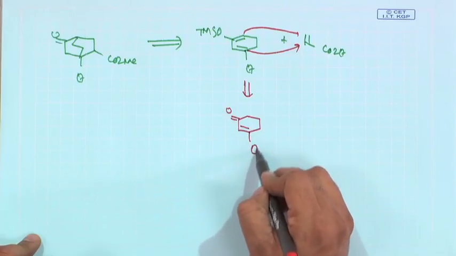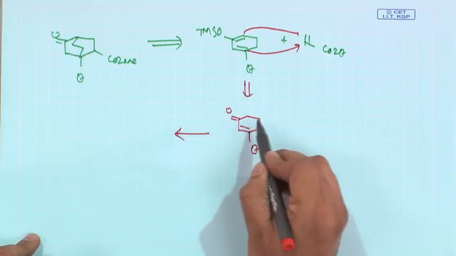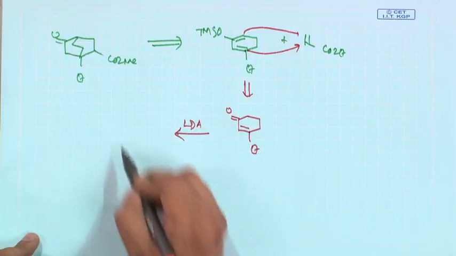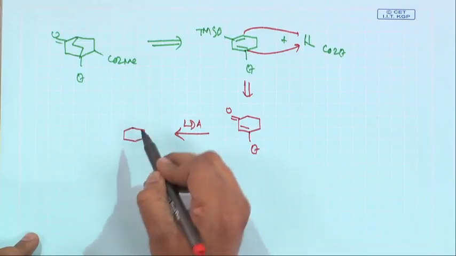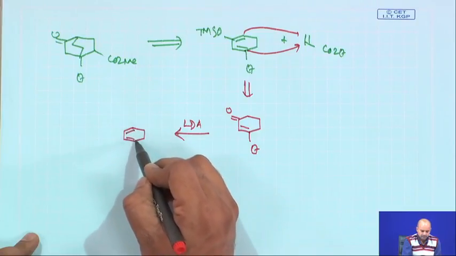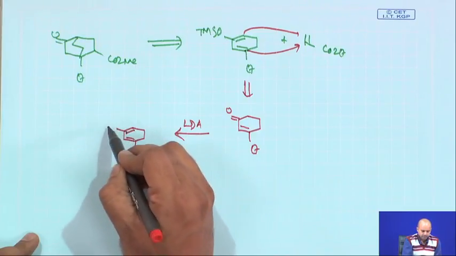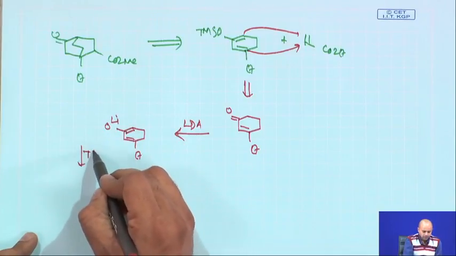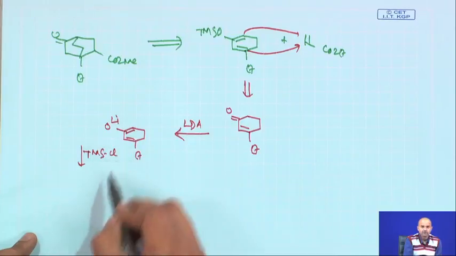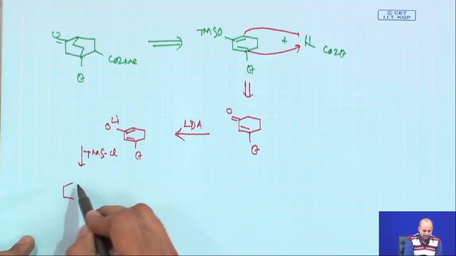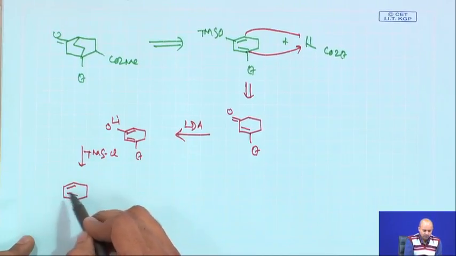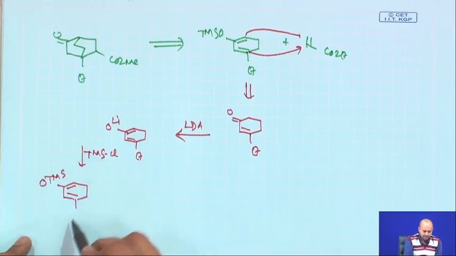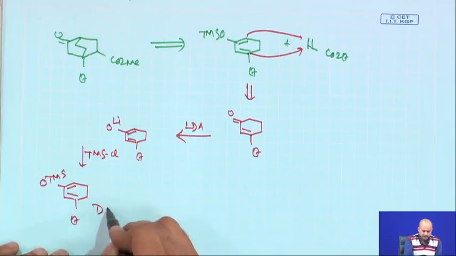And now, this compound can easily be constructed if you have this ethyl. So, what do you do? You first pick up this acidic hydrogen with a base, LDA, and initially get the enolate, OLi. Now you react this with TMS chloride, trimethylsilyl chloride, and you get the enol silyl ether, OTMS, which acts as a diene.